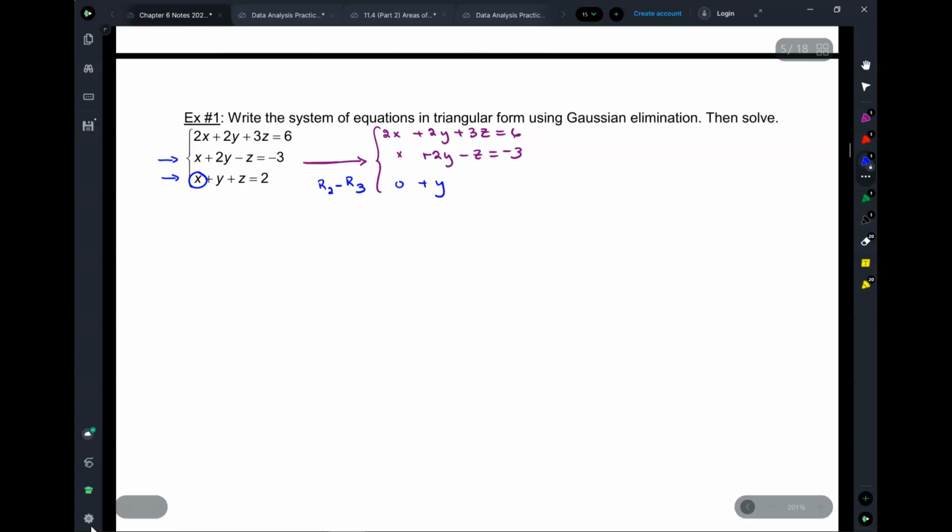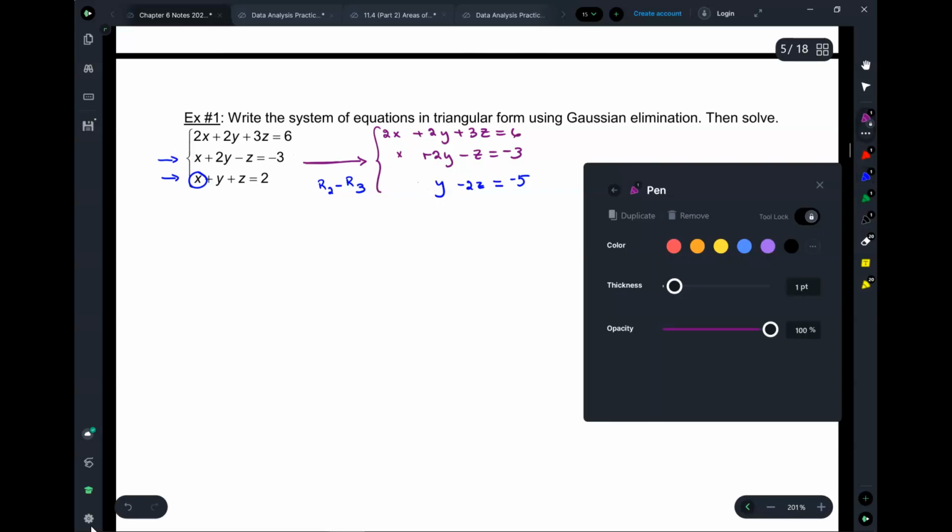Move on to the z's. Negative z minus z, negative 2z equals negative 3 minus 2, negative 5. When it's a 0, we obviously don't have to write the 0, so now it looks like that.